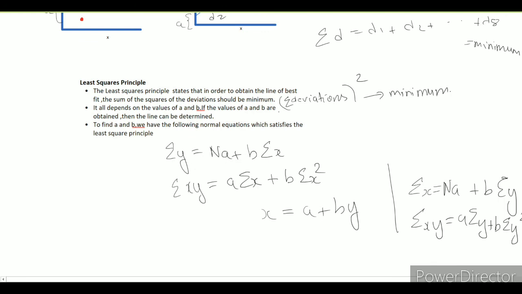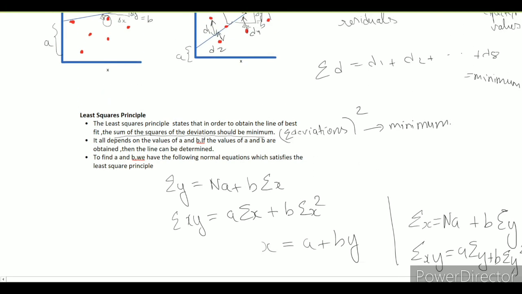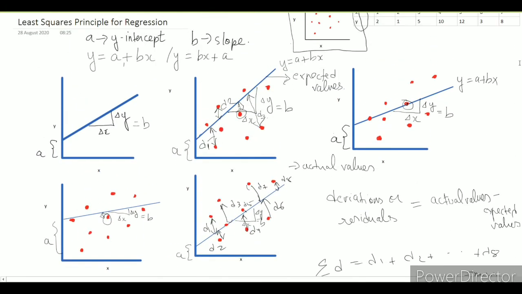And the line of best fit is when the sum of the squares of deviations will be minimum. And like I've explained before, the deviations are nothing but the difference between the expected values and the actual values. So that is how we fit a regression line or equations based on the least squares principle.